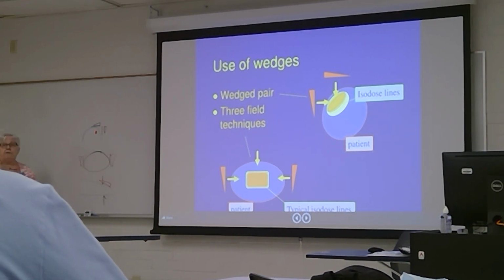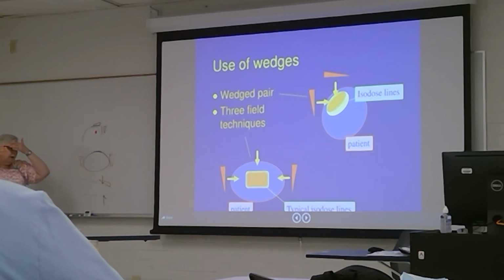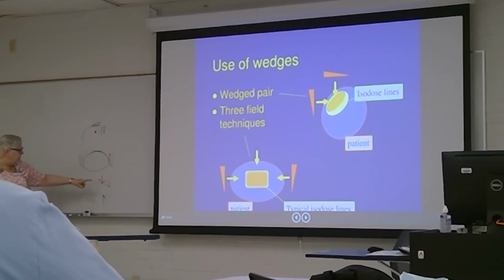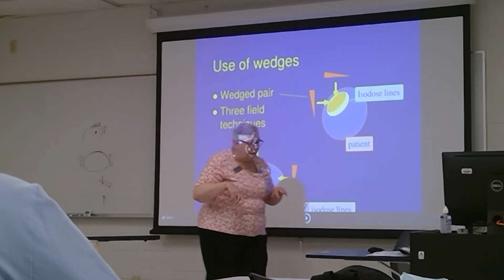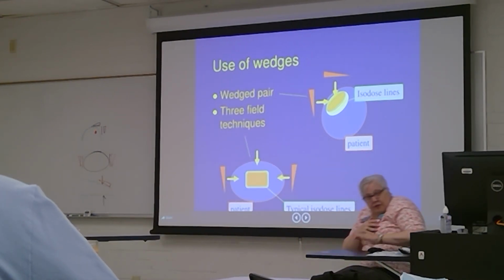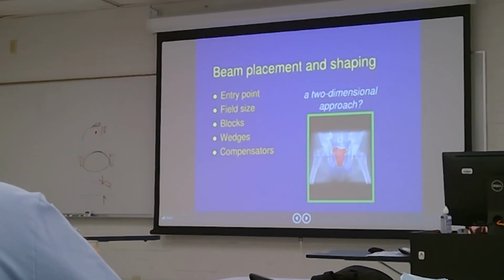So this is a different plane. Normally your wedges are going this way or this way. This way you're going down this way because of the slope coming up. I can't remember whether there's something like that on the way here. Let's see, okay. So a 2D approach: entry point, field size, blocks, wedges, compensators.